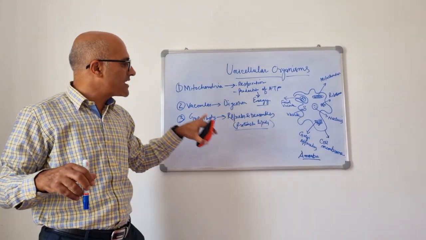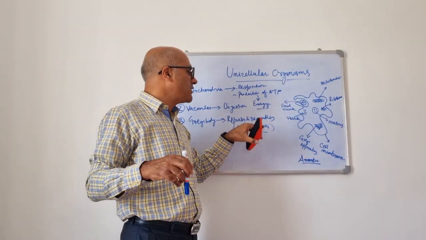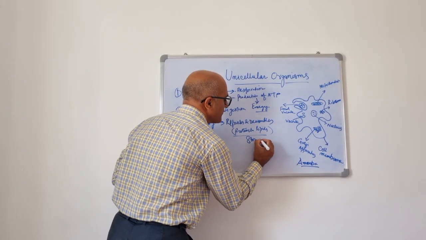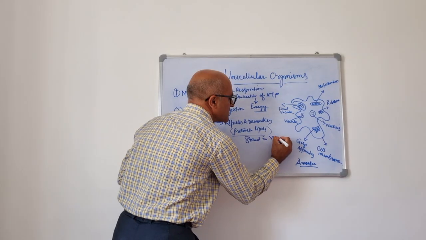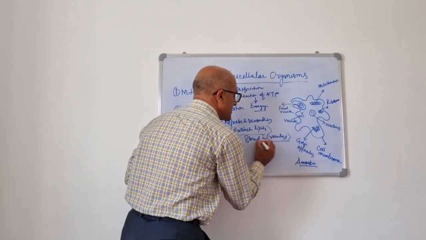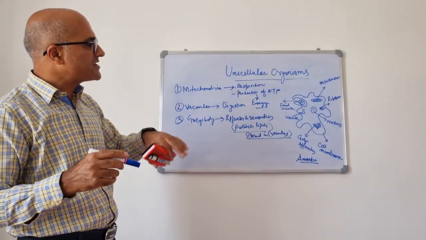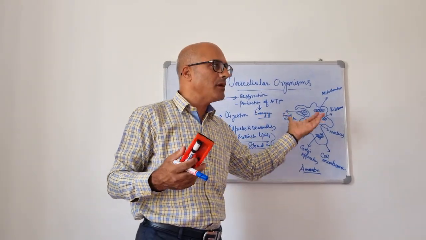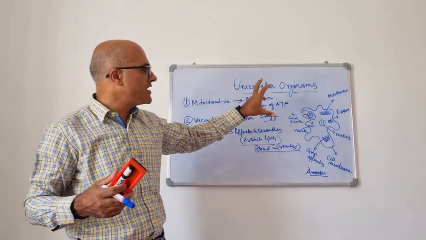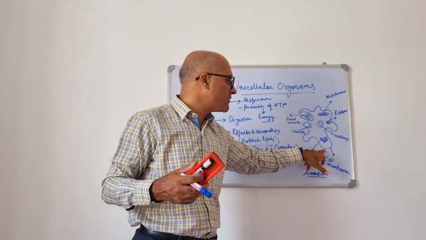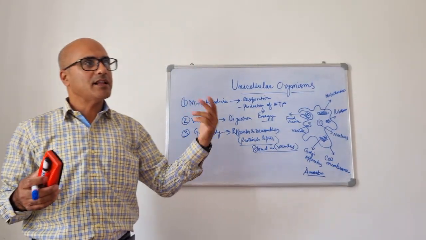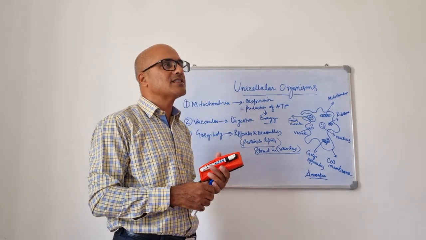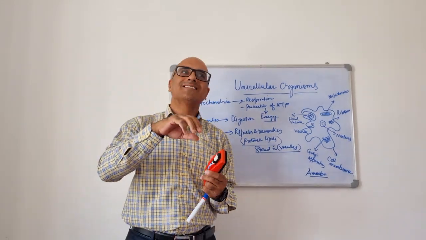Once these proteins and lipids are repacked and reassembled by Golgi bodies, they get stored in certain vacuoles and then get transported to their destination, like here in the case of amoeba, to the surface, the cell membrane. Okay, because the cell membrane in unicellular as well as multicellular organisms is made up of lipids and proteins.